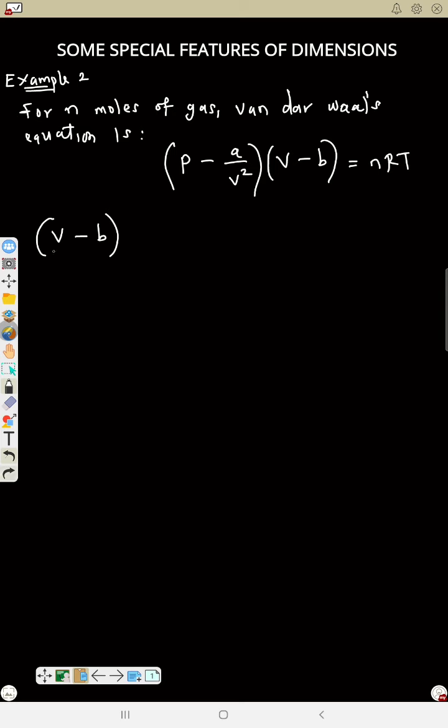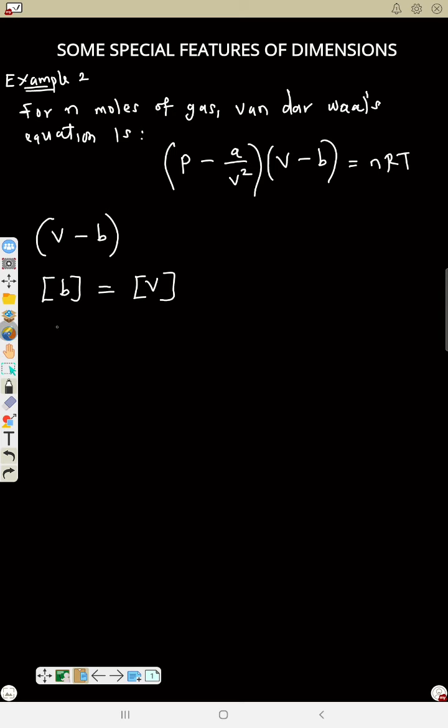In the first bracket we have V minus B. Now before we can have V minus B, they must have the same dimension based on our rule. That means the dimension of B should be the same as the dimension of V. That is, the dimension of this must be equal to this before we can subtract. The same thing happens to addition. So consider the bracket separately; that's how you pick the rule. So now, what is V? We said V is volume.